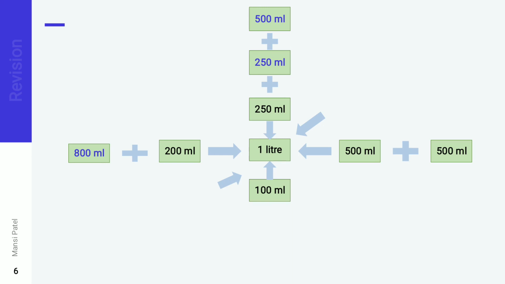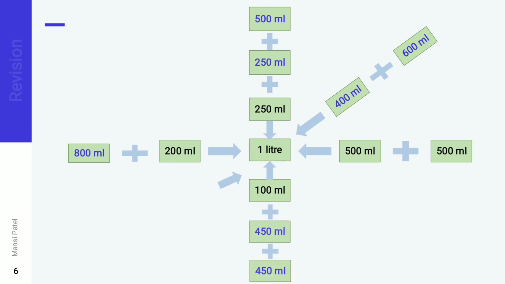Another one, 400 milliliter plus 600 milliliter is equal to 1 liter. Now which number added to 100 completes 1 liter? We can say that 450 milliliter plus 450 milliliter means 900 milliliter, plus 100 milliliter, so it completes the 1 liter.